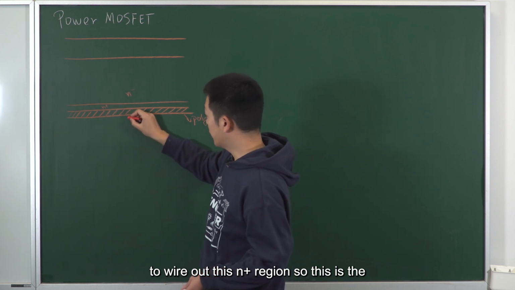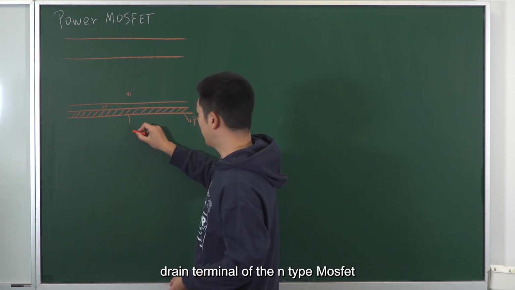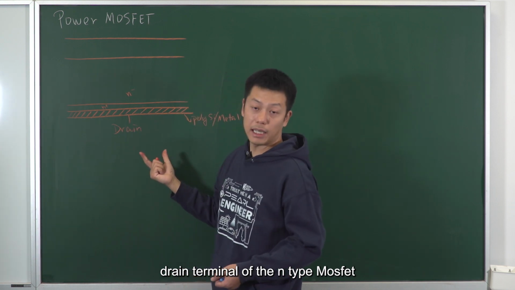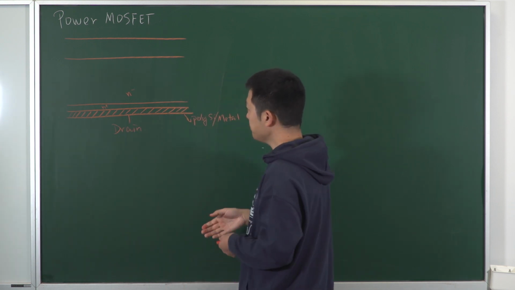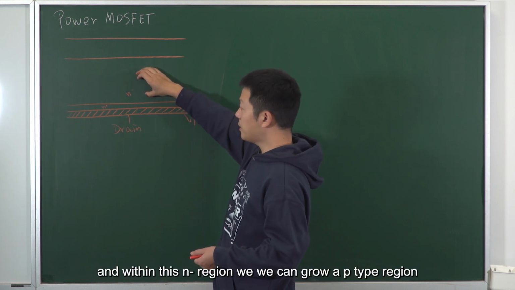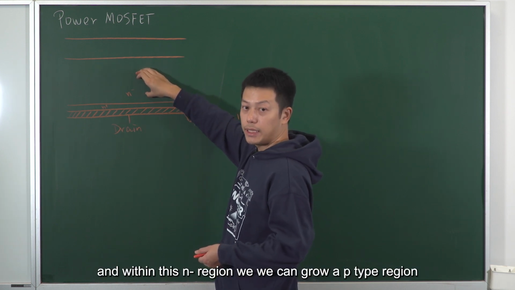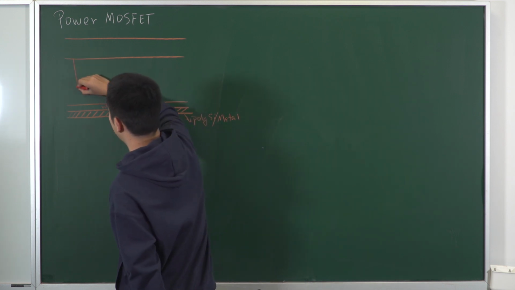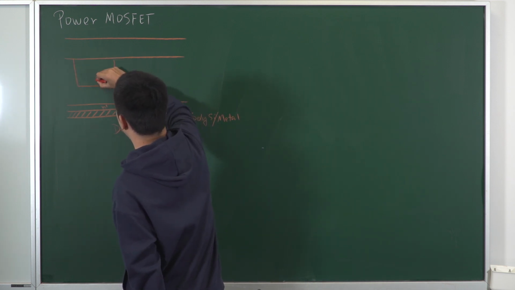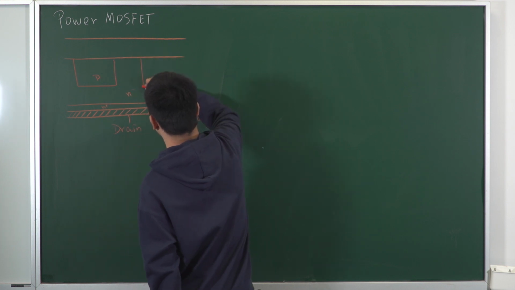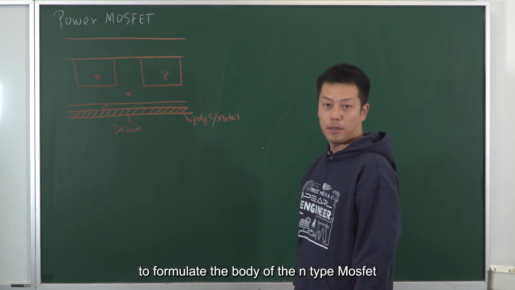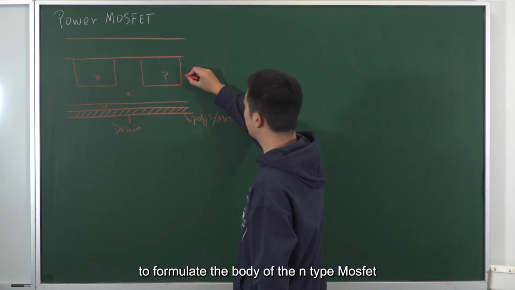So this is the drain terminal of the N-type MOSFET. And within this N- region, we can grow a P-type region, P-type silicon, to formulate the body of the N-type MOSFET.